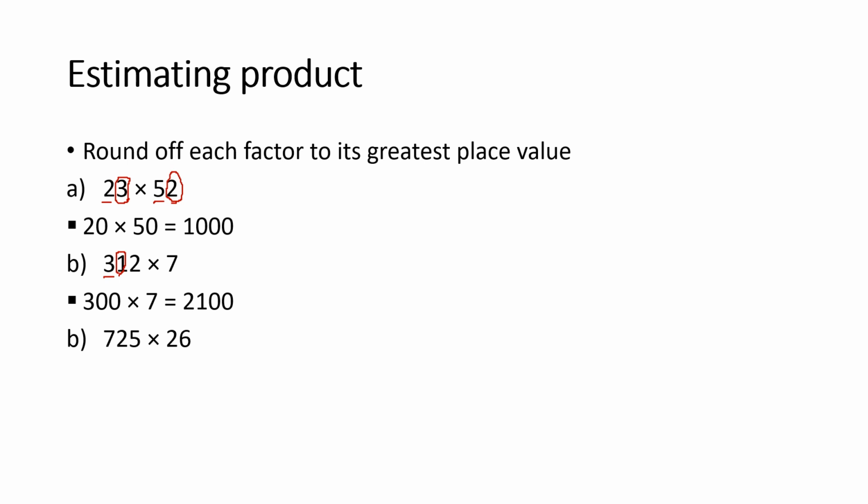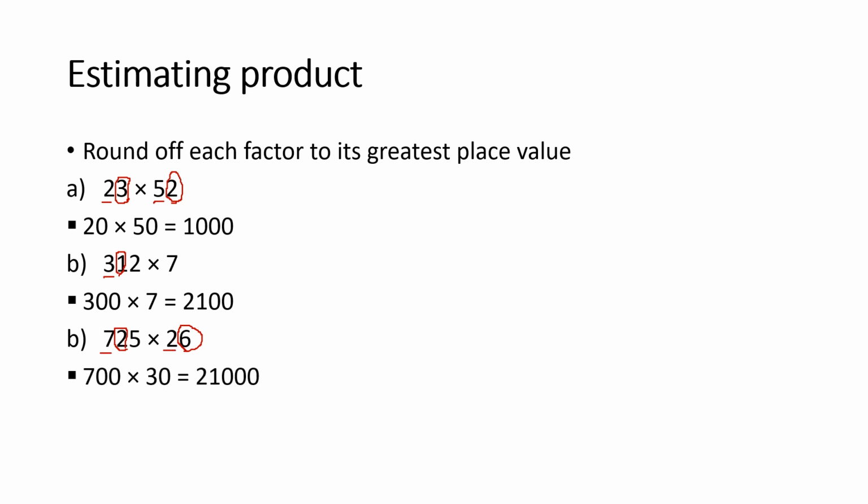Let us take one more example. In this example, 725 and 26. There are two factors. In 725, the greatest place is hundreds place, and in 26, the greatest place is tens place. So we will round off accordingly. Here we will circle this number 2, and here we will circle this number 6. According to the rule of round off, 2 is less than 5, so this will be 700, and 6 is greater than 5, so this will be 30.